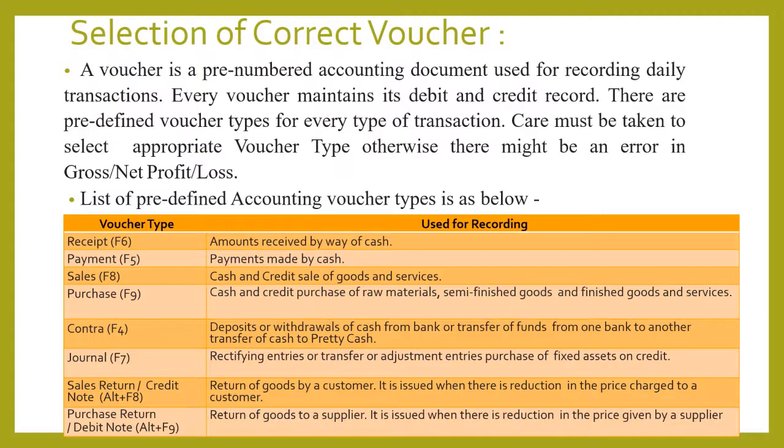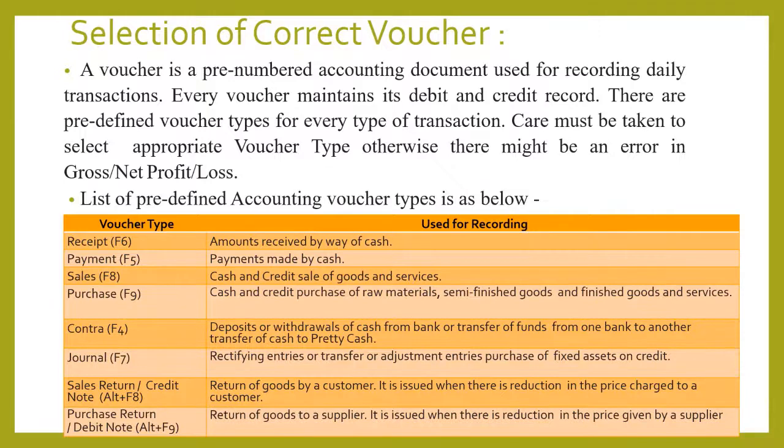Next one is sales return or credit note. Shortcut key is Alt plus F8. It is for return of goods by a customer, issued when there is a reduction in the price charged to a customer. For example, goods returned because of damaged condition by Mr. Raj.